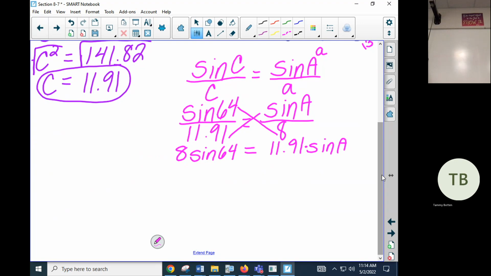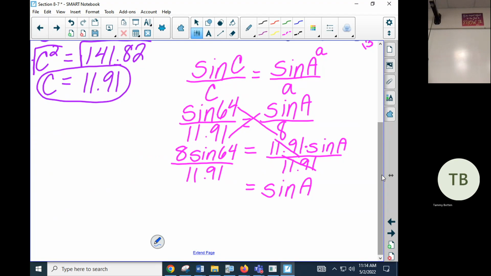How would I get rid of the 11.91 then? Divide by 11.91. Okay. Then these are gone, and on this side we have sine of A. Okay. We need to go in to our calculators and type this in.